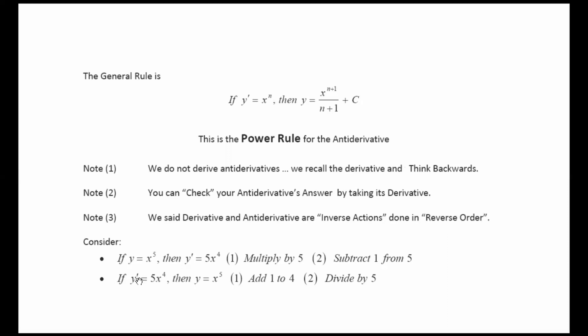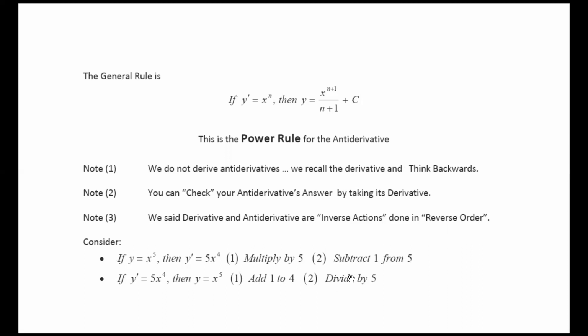On the other hand, if you're given the derivative 5x to the 4th and you want to find the antiderivative, the first thing you do is add 1 to 4 to get the 5, and then you divide by the new exponent, which gives us the desired answer. So for the derivative, we multiply first.